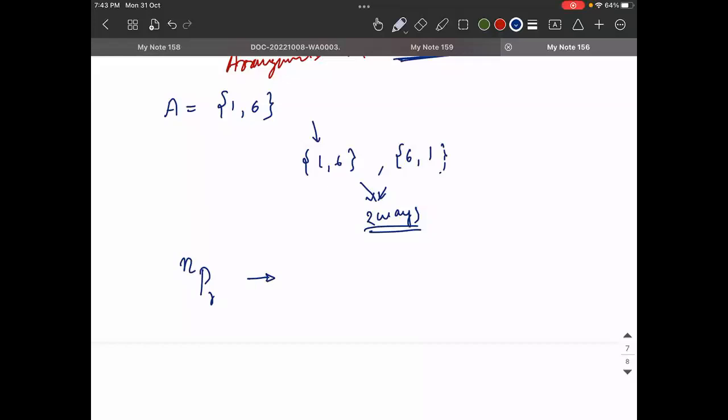So let's say you have n number of objects, n objects. And you need to arrange r objects. Let me tell you again: you are selecting r objects from n number of objects. That's what permutation is. Write down n objects.